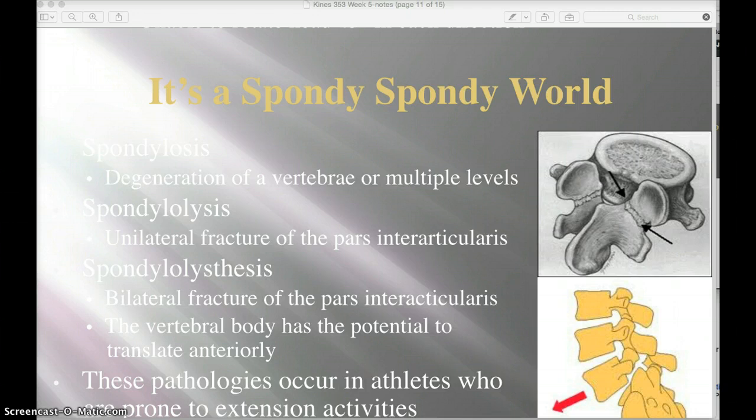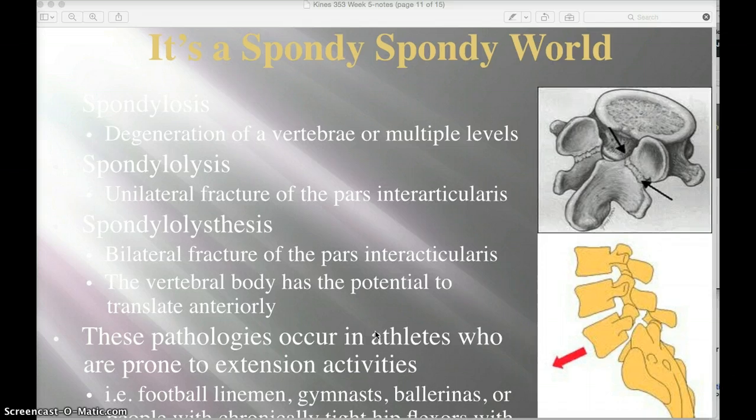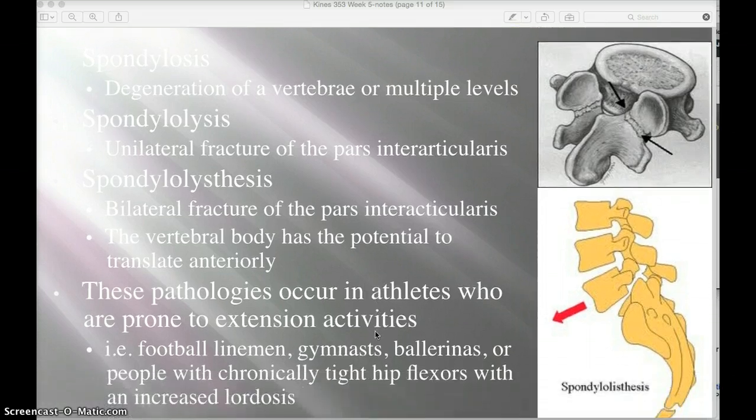Okay, so I want to skip over to this slide here, where we talk about the three different types of spondy injuries. Make sure that you know the difference between all of these. There are different severities of this, but here it explains the difference between them.